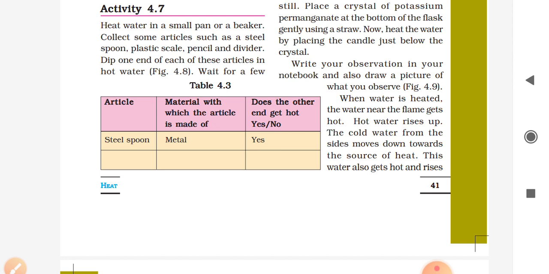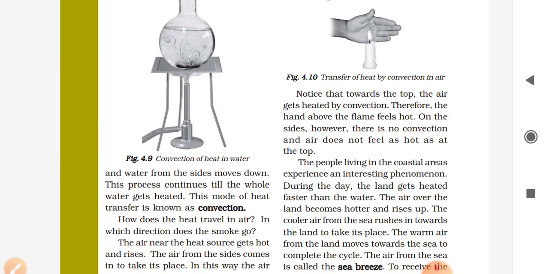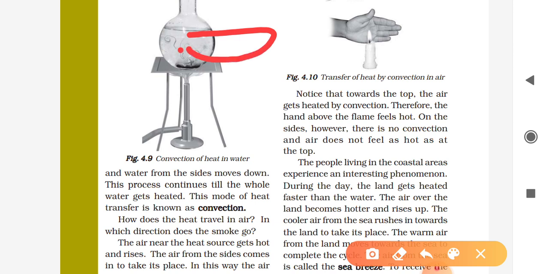Hot water rises up and cold water from the sides moves down towards the source of heat. This water also gets hot and rises, and water from the sides moves down. I just want to show you with the diagram how it happens.